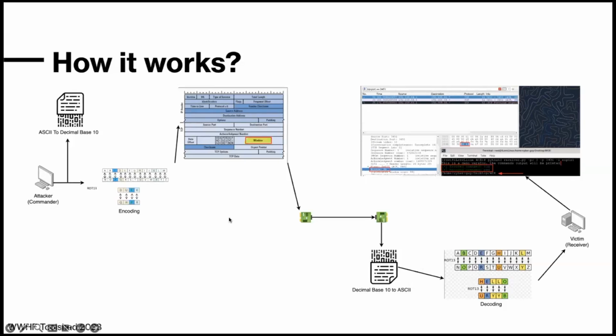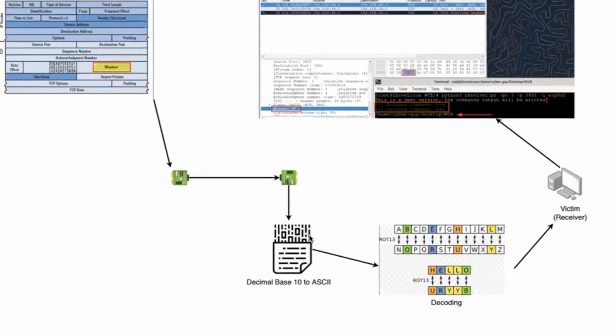When we started by converting our character into ROT13, it was because our character was ASCII. But here it is not ASCII. Here it is actually a decimal, base 10. So we first need to convert it from decimal base 10 into an ASCII character, and after that it will be decoded by ROT13.